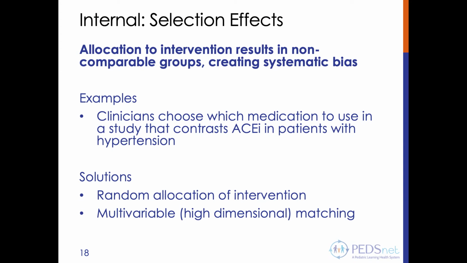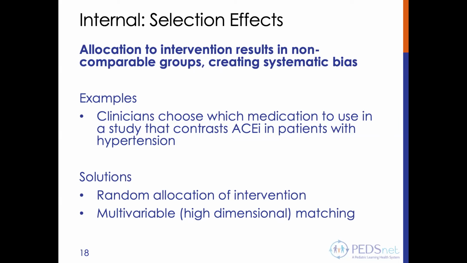So we are now left to compare, say, ramipril with enalapril, and we haven't randomized patients to the two groups, and we have patients assigned to one medication versus the other based on what clinicians decided. And of course, they may have a bias that enalapril is more effective, and they may allocate enalapril to patients who have more difficult to control hypertension, so-called confounding by indication.